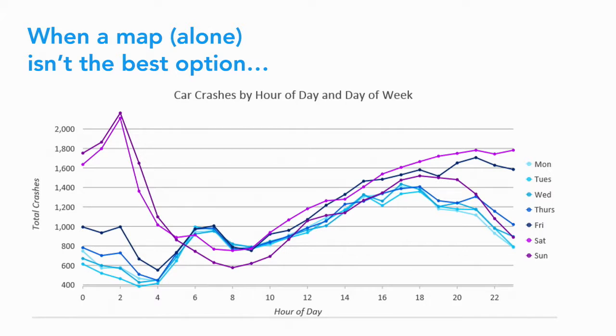And you can see that the weekend has a very different car accident pattern than the weekdays. And that's not surprising, but it's cool to see it. This is not something that I would be able to capture easily with just a map. So 2 a.m., definitely the most dangerous time to be traveling on a weekend, and kind of those rush hour humps are the most accident-prone times throughout the week.